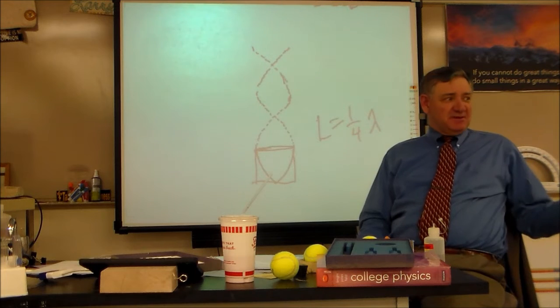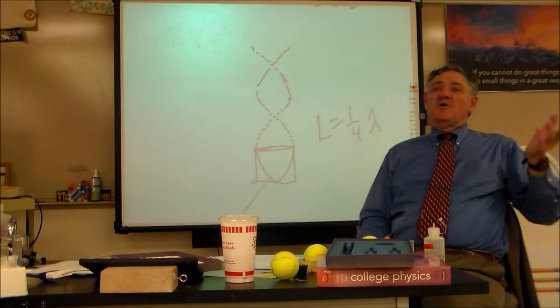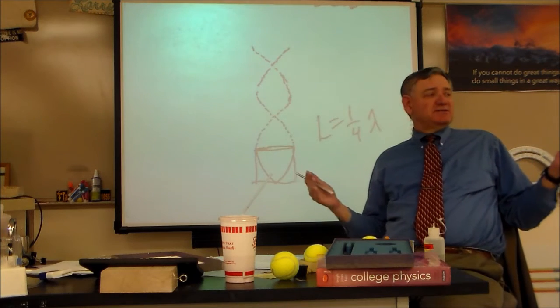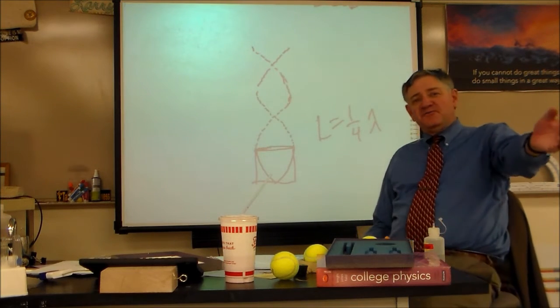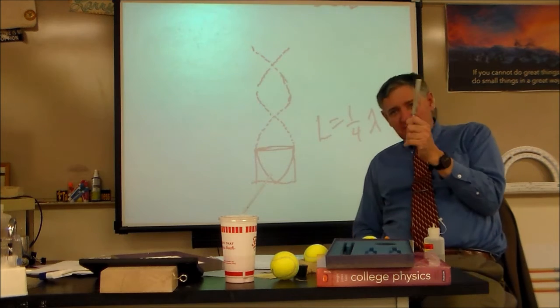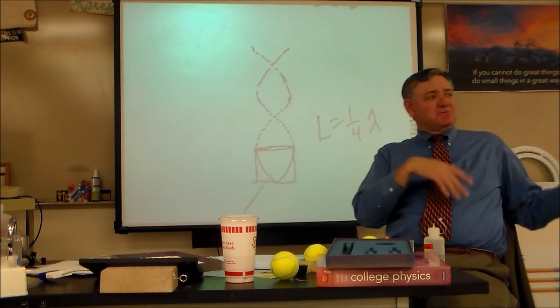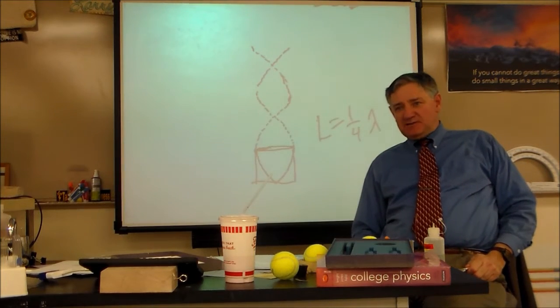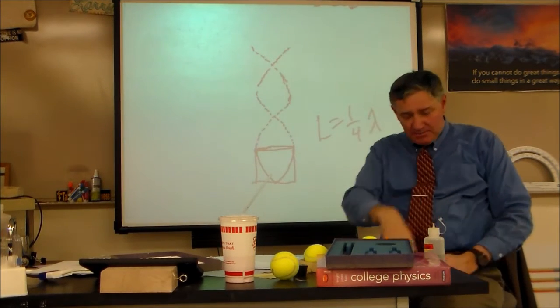Velocity, which should be the speed of sound. So a simple way to get an estimation of the speed of sound is to figure out what the wavelength is, you know what the frequency is, multiply those two together, and voila, you get an estimation of the speed of sound. So that's what you're going to do in the lab tomorrow.